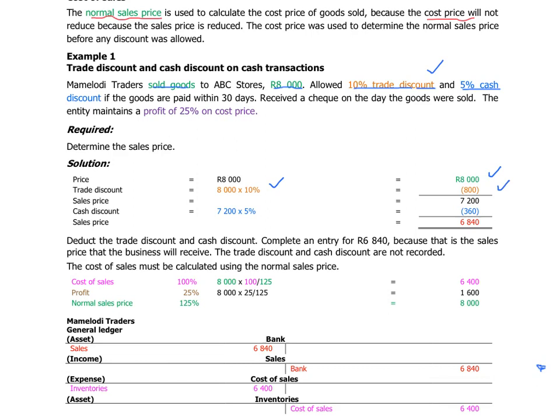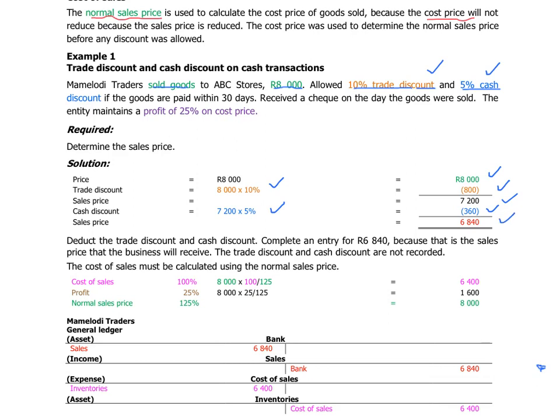That means that the credit sales price is 7,200. Then there's an additional 5% cash discount. So on the 7,200, you will calculate 5%, and that will give me 360 Rand. If I deduct the 360 from the 7,200, the cash sales price is 6,840.